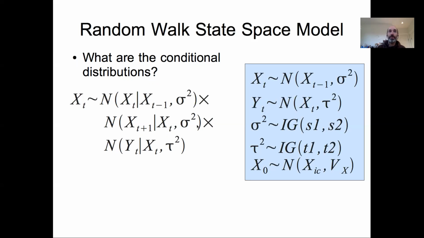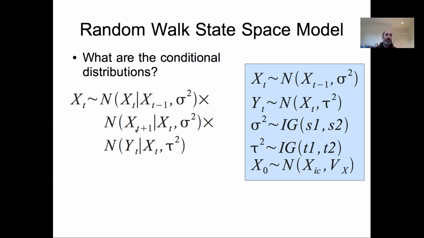What folks often miss, though, is that if we have an xt relating to xt minus 1, that means we also have an xt plus 1 related to xt, and so xt shows up twice. It shows up once when we're predicting it given the previous time point, and it shows up again when we're using it to predict the next time point.